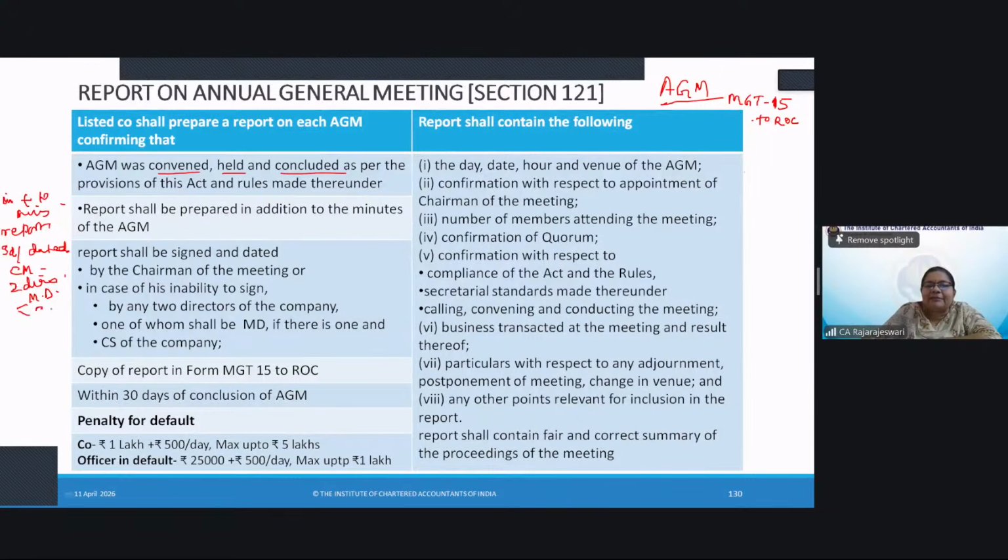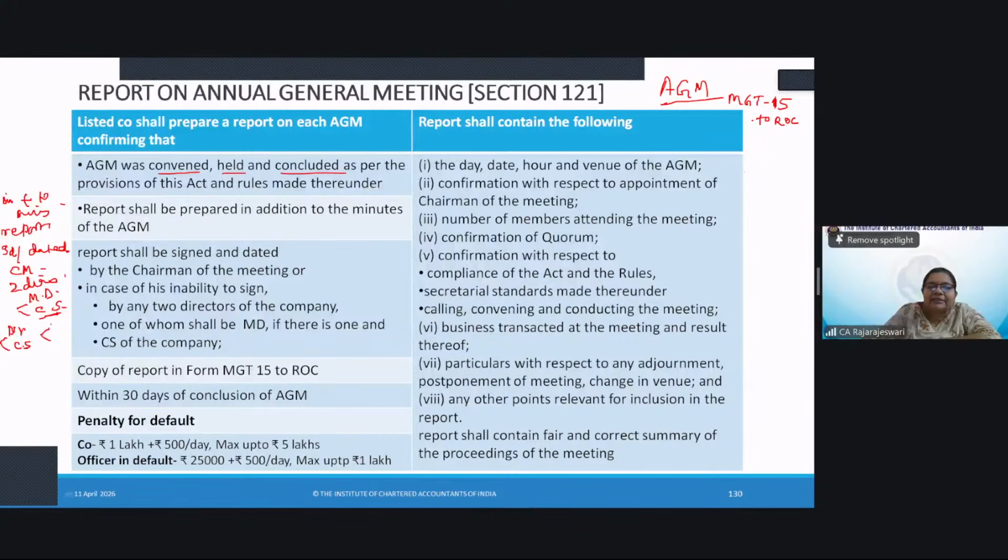And if there is a company secretary of that company, then the company secretary should also be a signatory. By any two directors, one of whom shall be a managing director if there is one, and the company secretary of the company. Suppose there is no MD, it can be signed by a director and the company secretary.